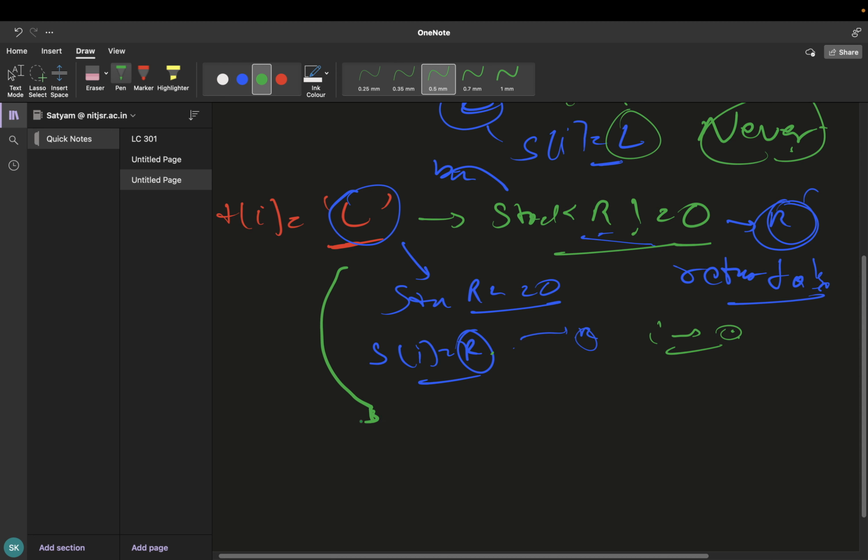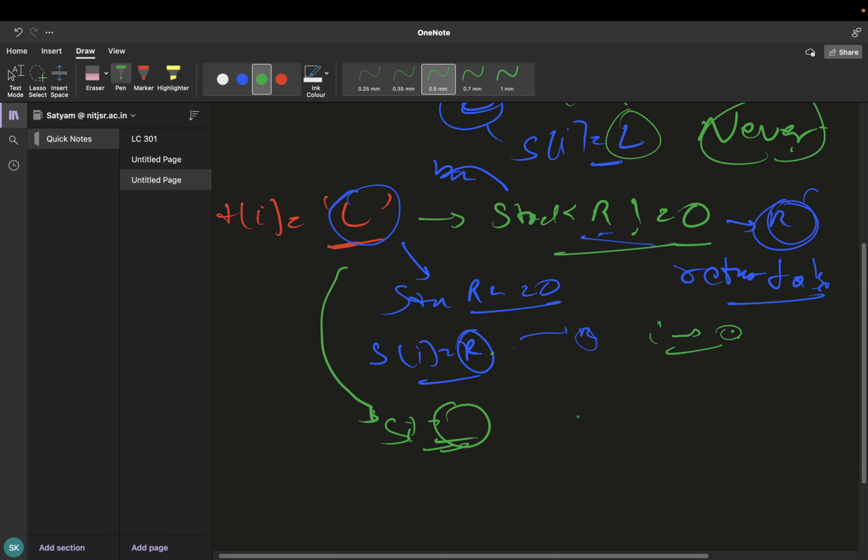And for the third case, we require L on this side, so it's possible that S will be dash. If S of I is dash, now we have to check whether the closest non-dash character on the left side is L or not.